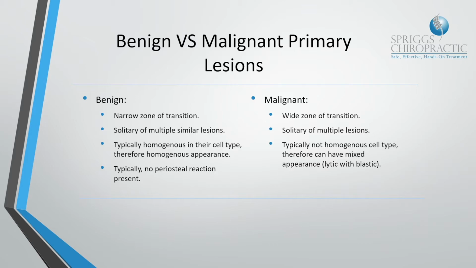But for the sake of your revision, I would recommend that you keep in mind that in the majority of benign tumours there is not going to be a periosteal reaction present, whereas with malignant processes there is going to be, whether it's a solid periosteal reaction, a laminated one, or hair on end or sunburst, depending on how you want to describe its appearance.